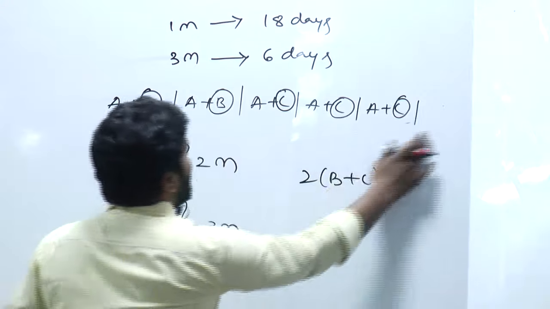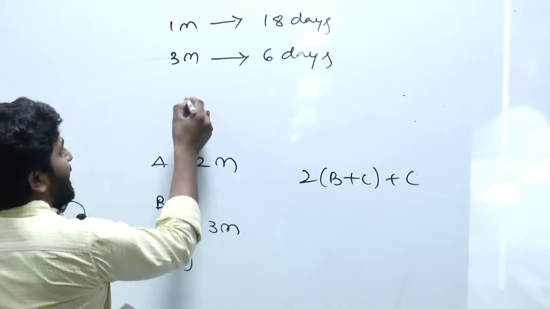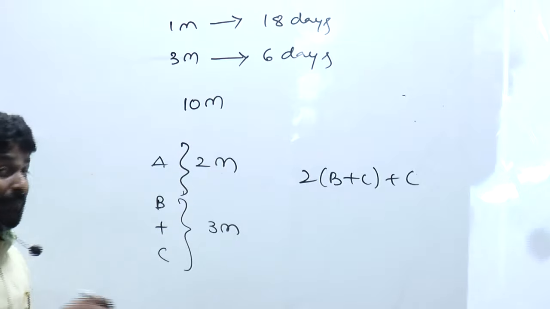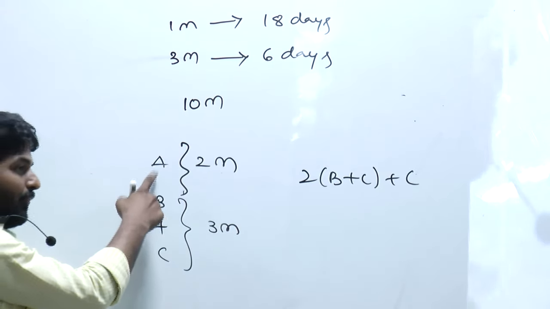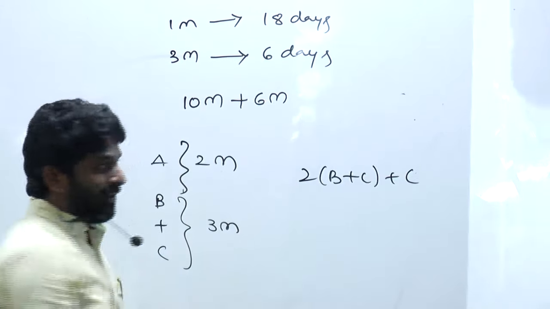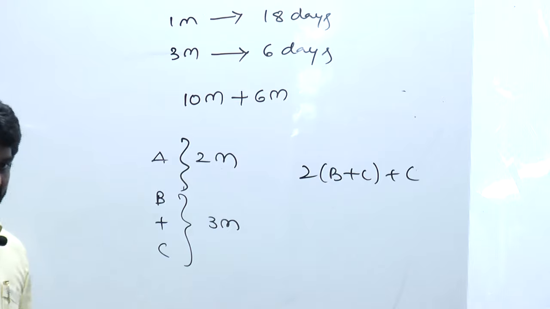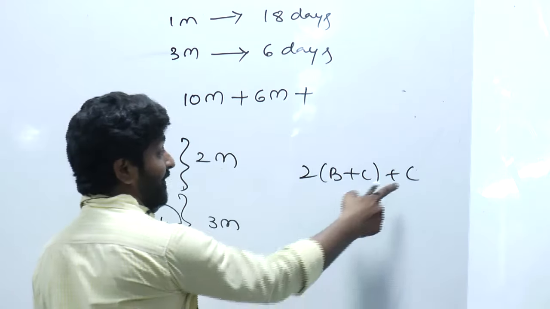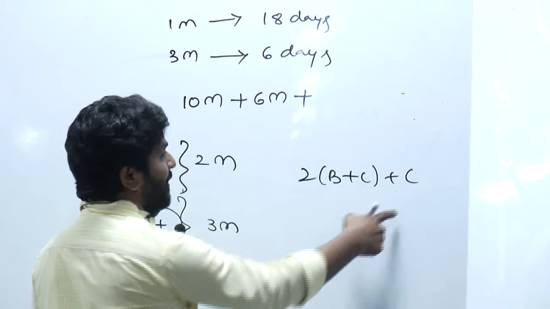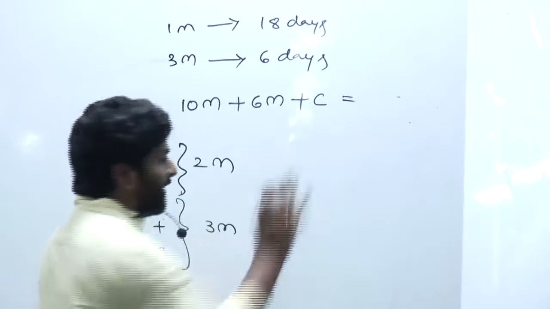So the entire work is equal to 10 men work, which is equal to 5 days work of A, and 6 men work, which is equal to 2 days work of combined efficiency of B and C. They have completed the work.